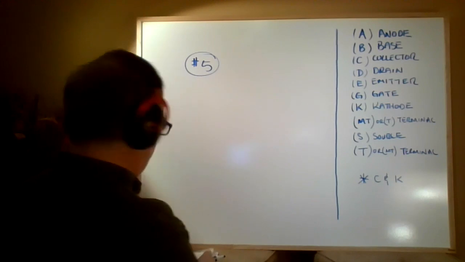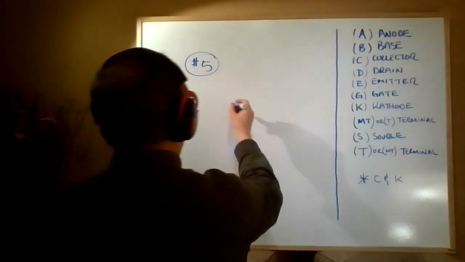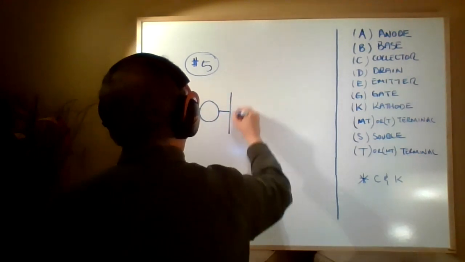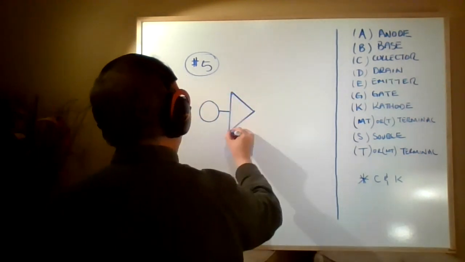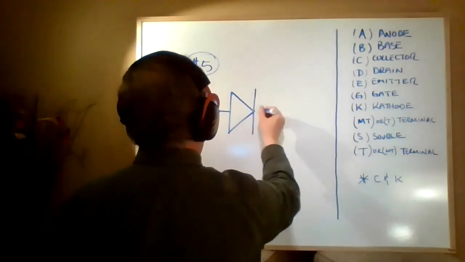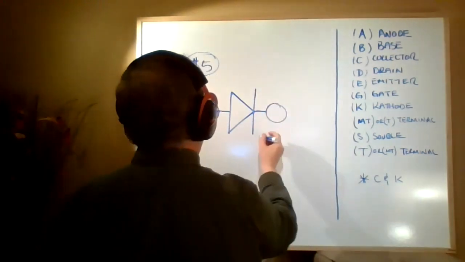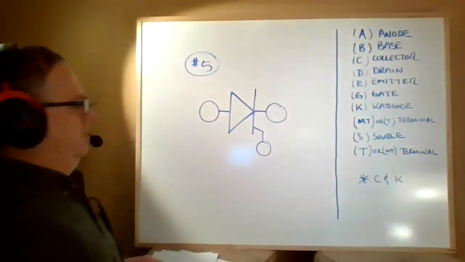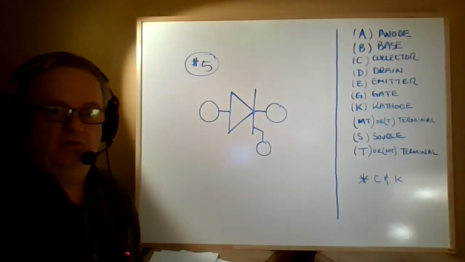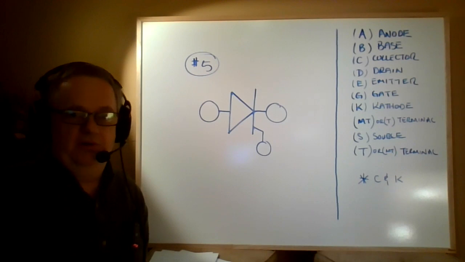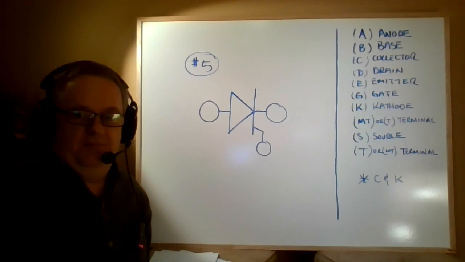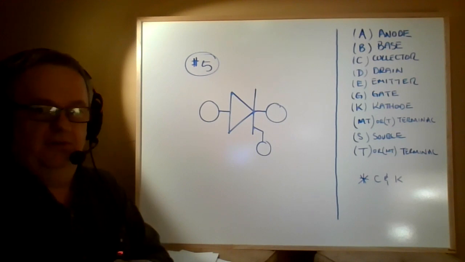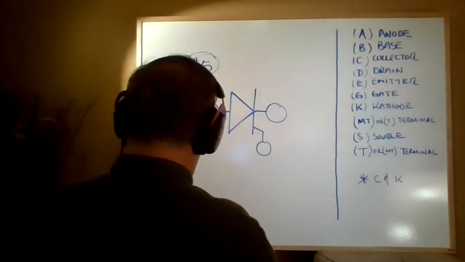Now, number 5 looks like this. So there's a three terminal component, and you need to take a little look and determine what it is and what its leads are called.